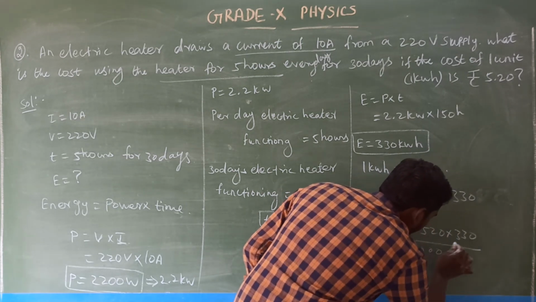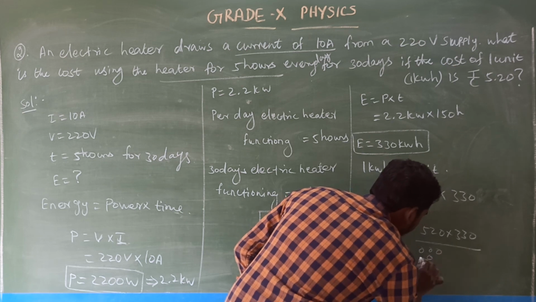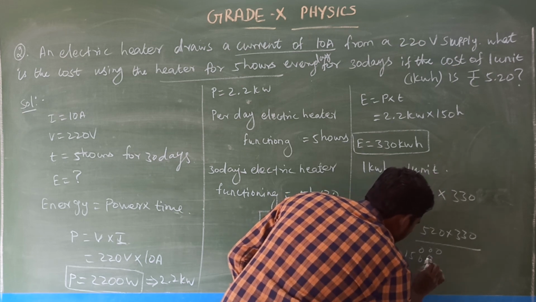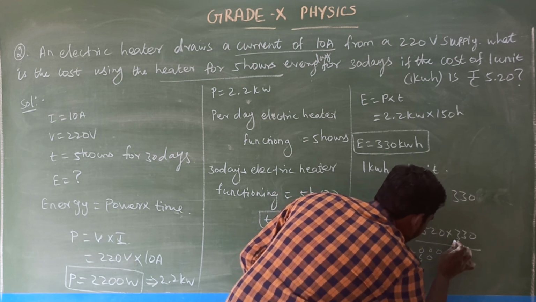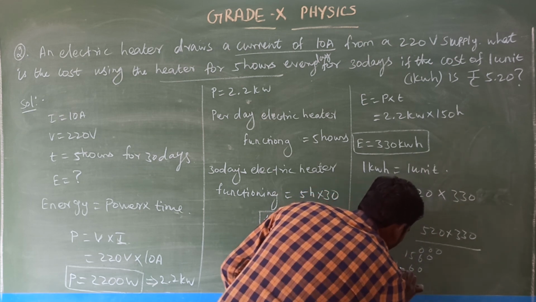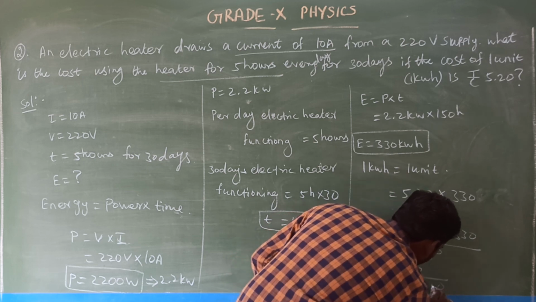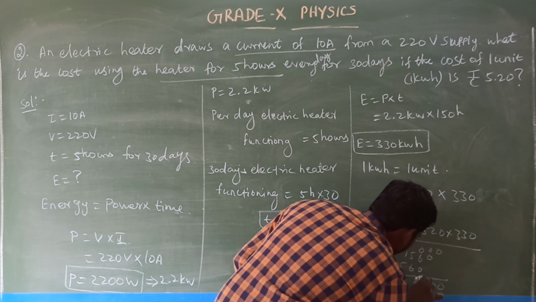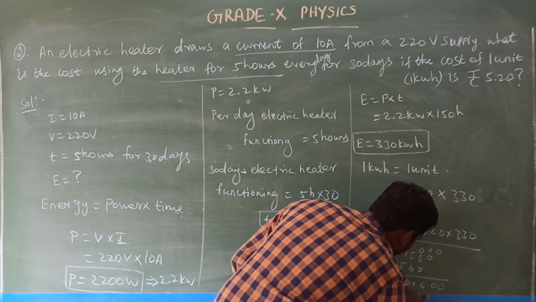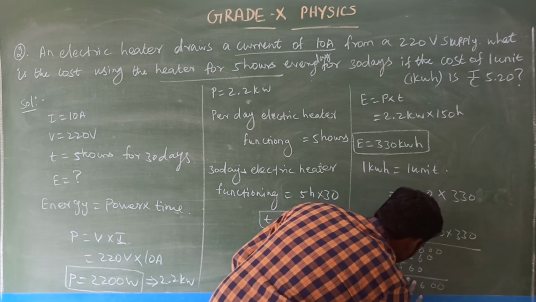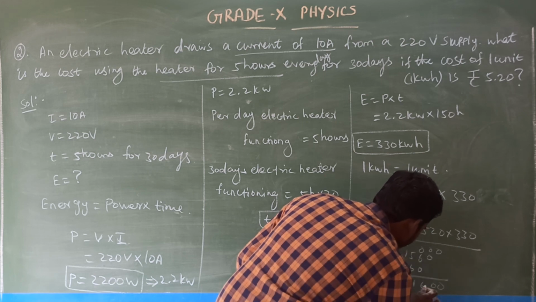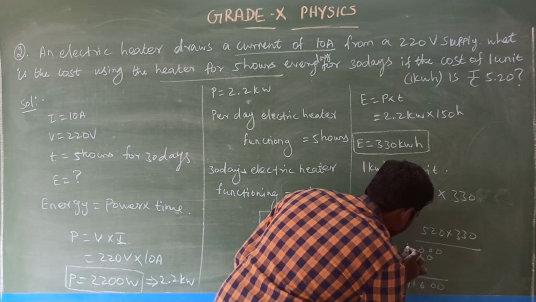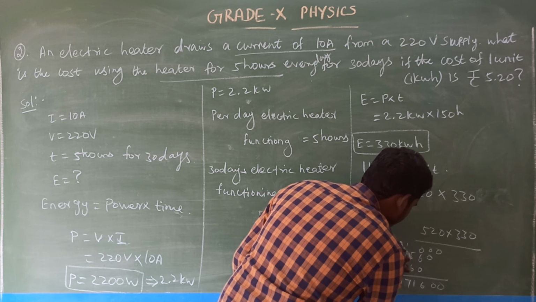0, 0, 0, and remaining 0, 6 and 15, 1, 5, and again 0, 6, again 150. So 0, 0, 6, 11, 1, and 6 and 1, 7, 1.